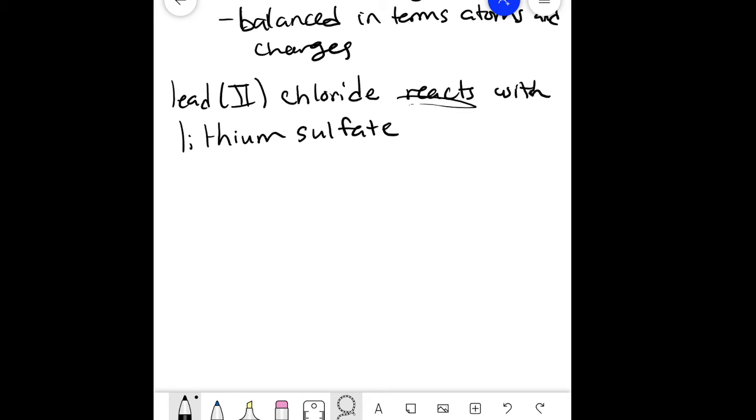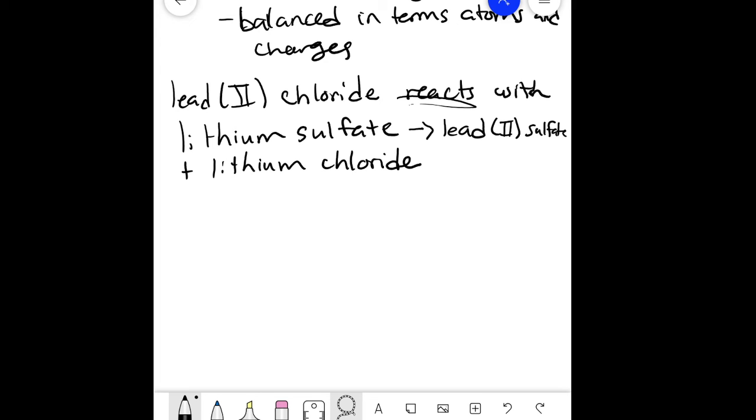That word reacts kind of tells you. These are both your reactants. It may help to write it out in word form, and so you just draw the little arrow like your equation, and now you know you're going to have lead sulfate plus lithium chloride.